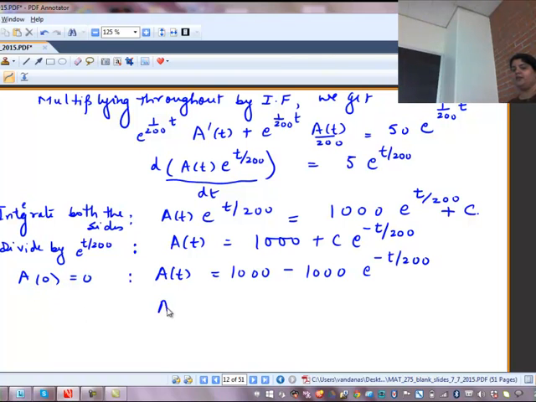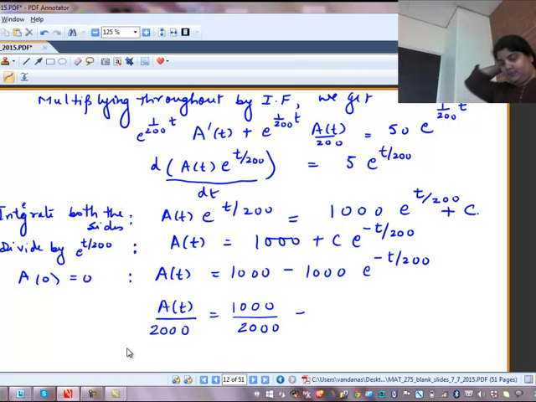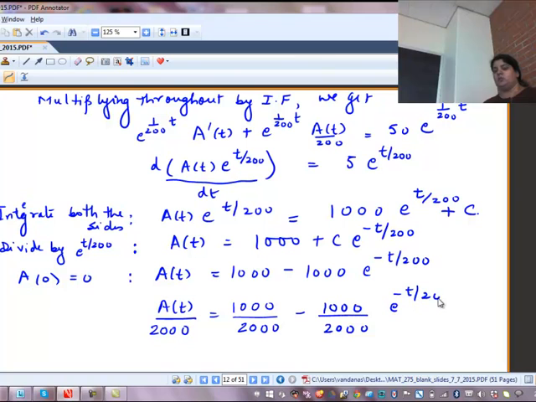So what should I divide A(t) with? What do you say? 2000. So 1000 divided by 2000, and since we are dividing throughout by 2000, we don't change the expression: e to the power minus t over 200.